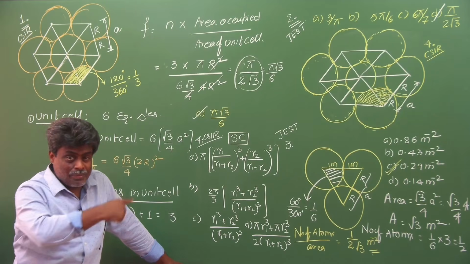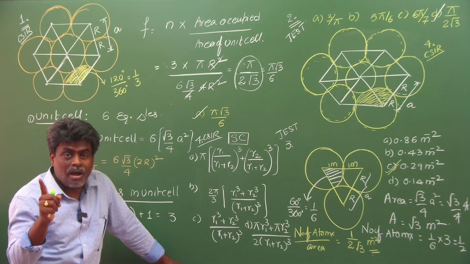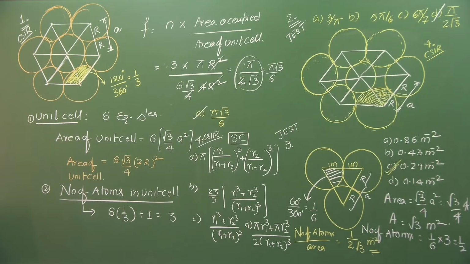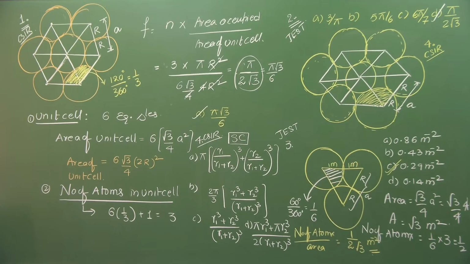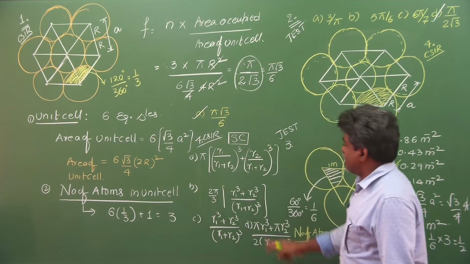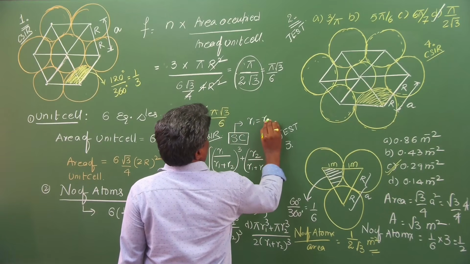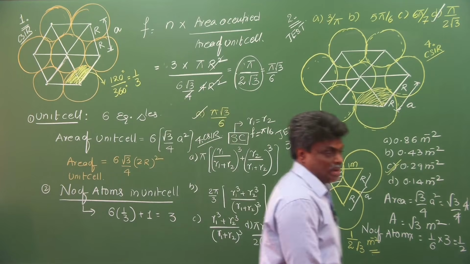So one of the answers gives you pi by 6 if you keep R1 equal to R2. By seeing that you will get so much tension: what is this, how to derive? But a small factor, underline that simple cubic. Check the answers one by one by taking R1 equal to R2; then the packing fraction must be pi by 6.